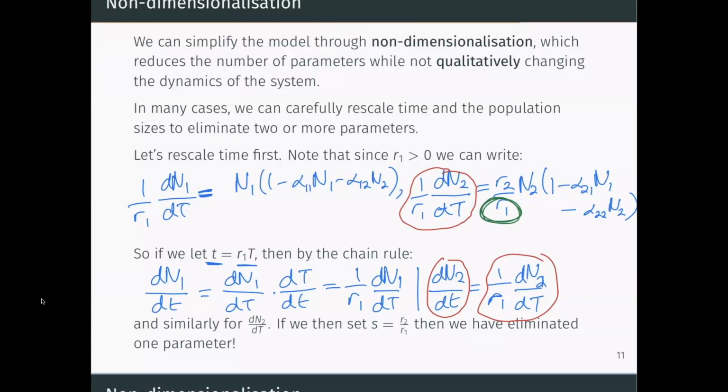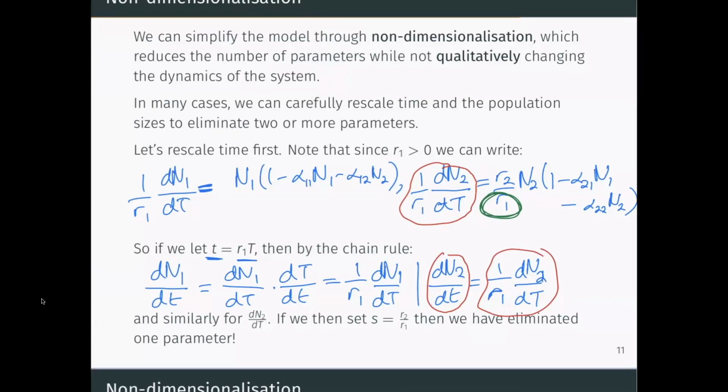In fact, they're rates, but they are two rates, and I could replace those two rates with just one number. If we set some new parameter s to be equal to r2 over r1, then on this right-hand side I would get rid of this r2 over r1 and write this as s. Why have I done that?